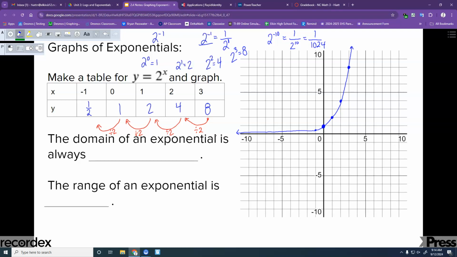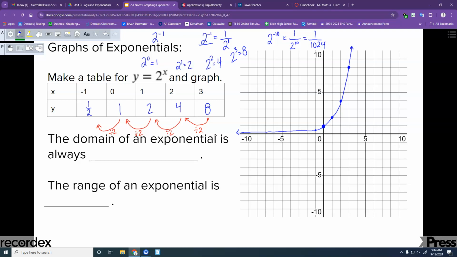Does anybody know what that's called whenever we get closer and closer to a line, but we never actually get there? Starts with an A. A, S, Y. No, that's not it.